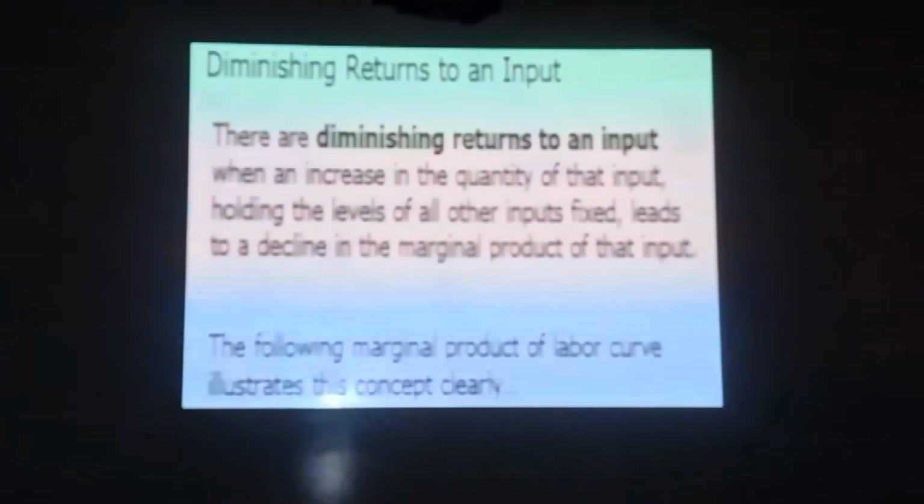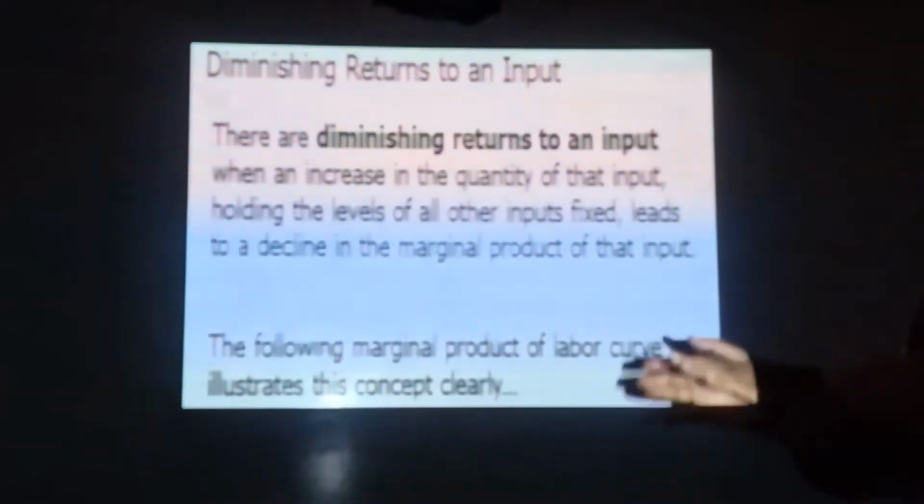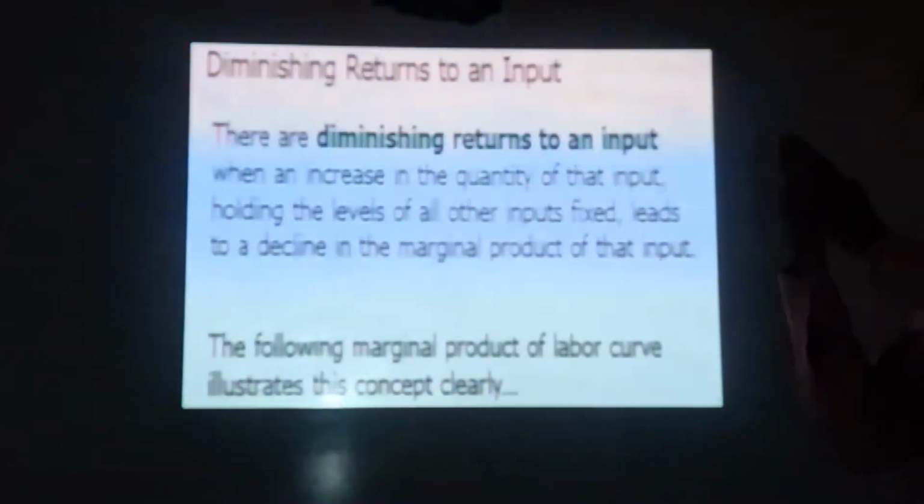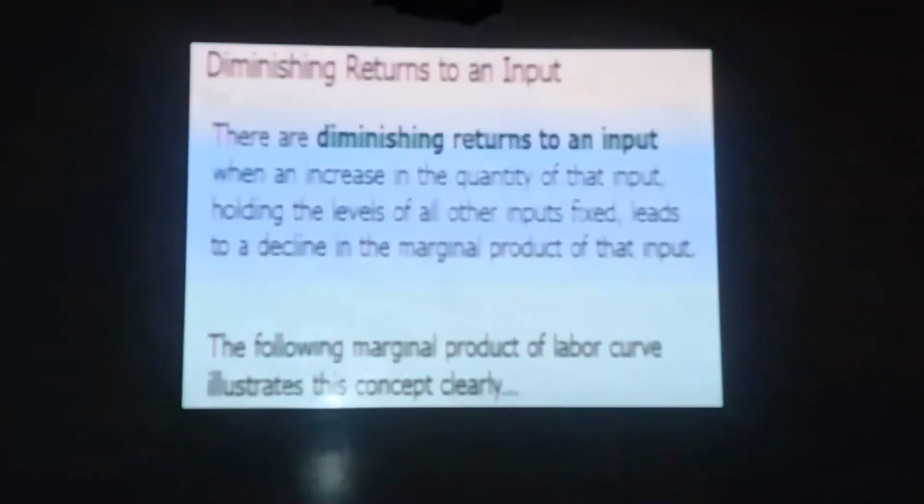So, diminishing returns to input. Sometimes when we add one more worker or one more input, the output produced by the additional input is less than the previous input. When we get such kind of output, we say that there are diminishing returns to input.